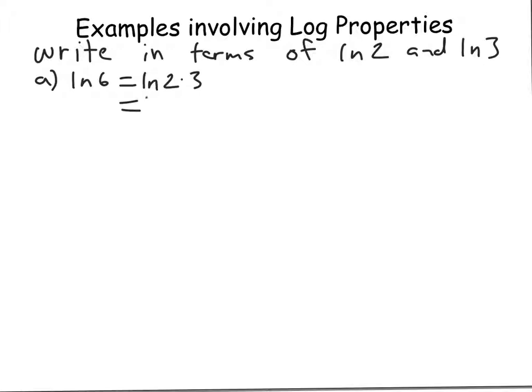You could take this and say ln2, because I've got it set up that these two are being multiplied. I've got ln2 plus ln3. That might be one you want to look at closely to see that it matches the structure of the first property that you got. And at that point we'd be done.